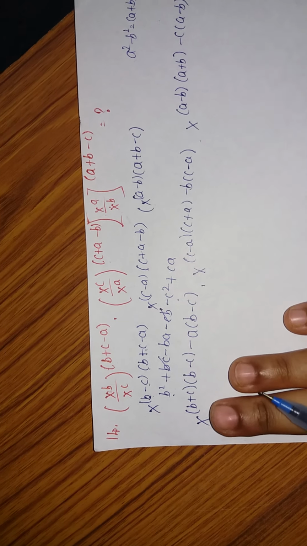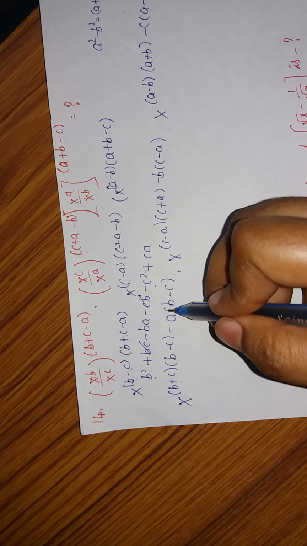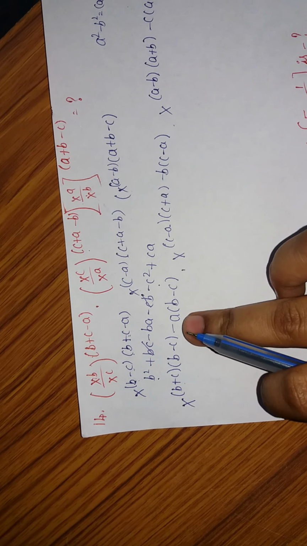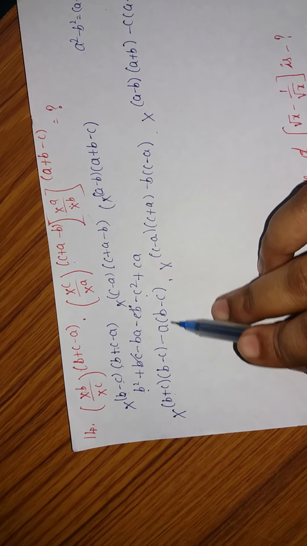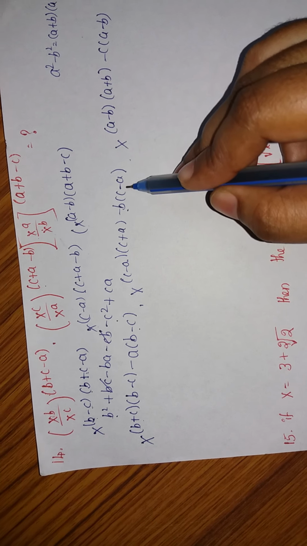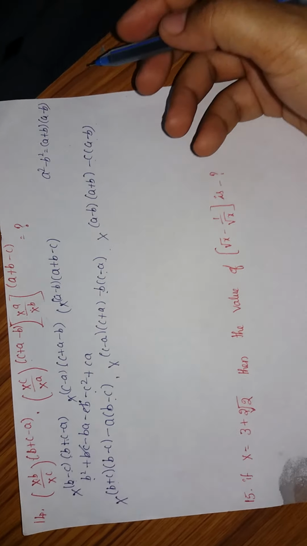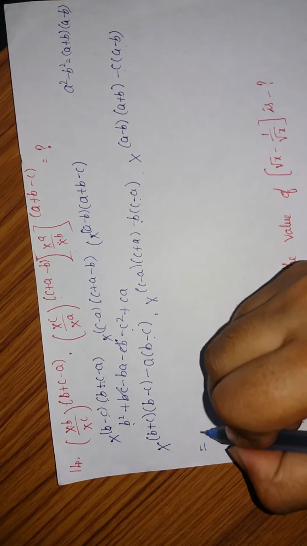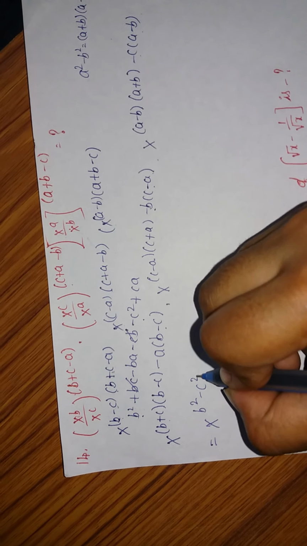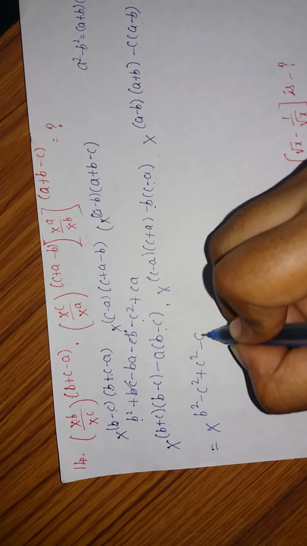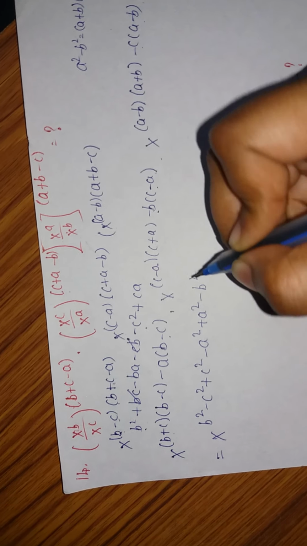So here by writing these square terms on one side and minus a into b minus c, minus b into c minus a and minus c into a minus b on the other side, we can get x power of b square minus c square plus c square minus a square plus a square minus b square.